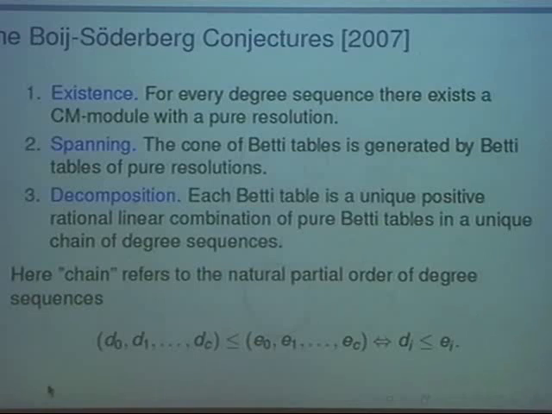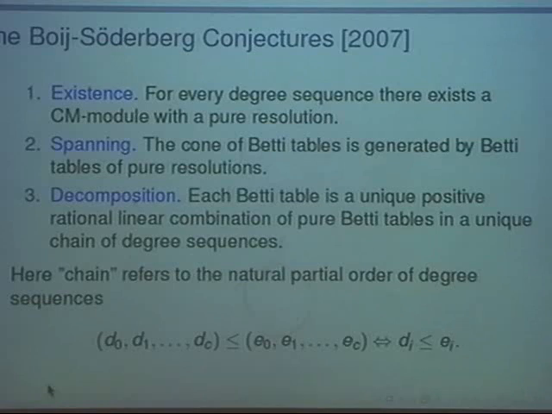Unique, if we restrict to a chain of degree sequences. So the degree sequences are naturally partially ordered: if di is less than ei for all i, then d is smaller than e. So there's a unique decomposition.